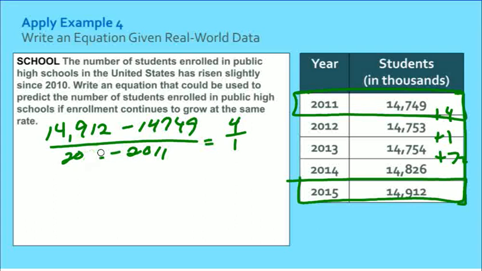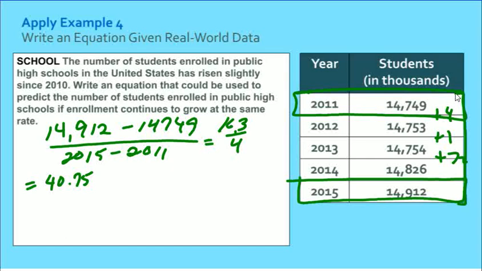And this would be 2015, so the difference is 4 years. Then 14,912 minus 14,749 gives us 163. And then if you do 163 divided by 4, you would get an answer of 40.75. So that would be our slope.